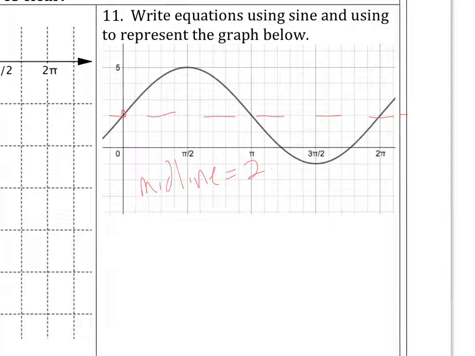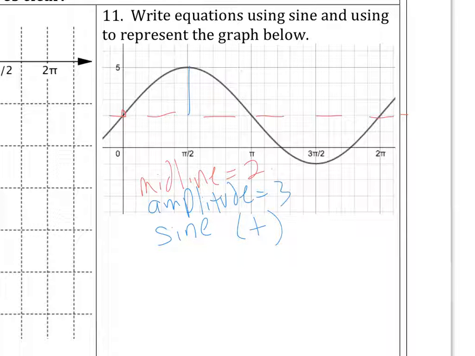Second thing I might do is to find the amplitude going from the midline to the peak. Amplitude equals 3. We know we have to use sine because we're asked to use sine. And this is going to be a positive sine graph because the sine mother function looks like this.